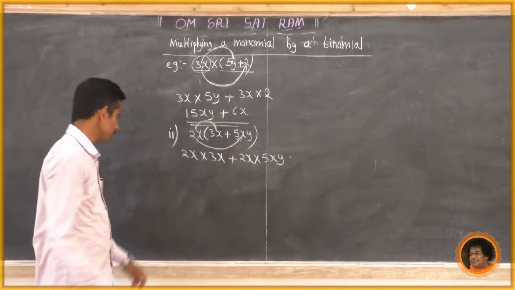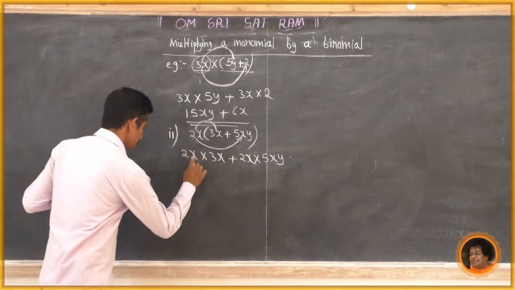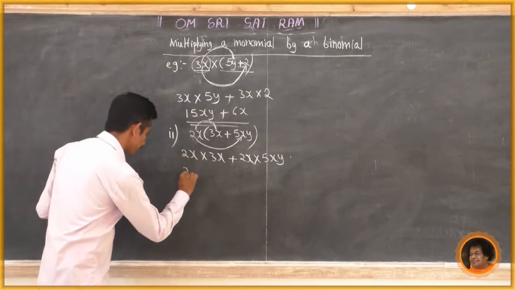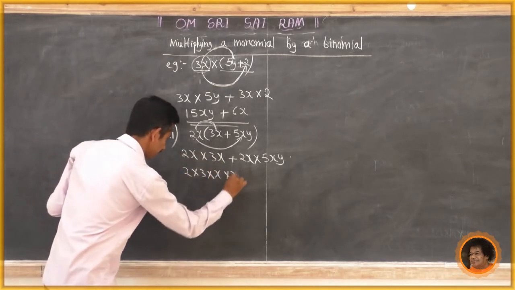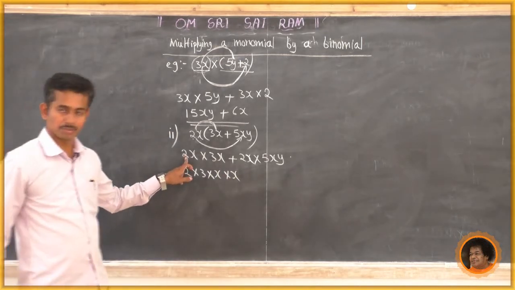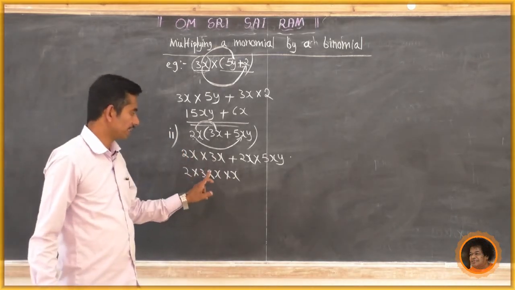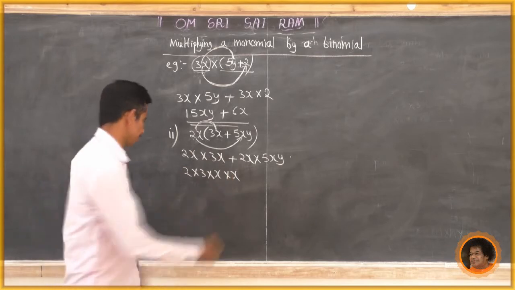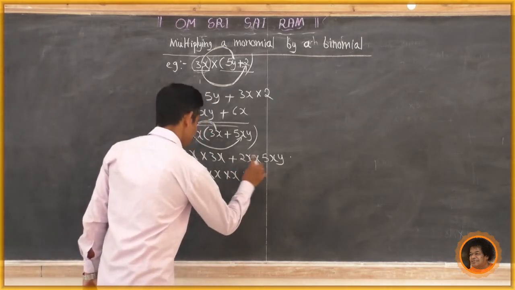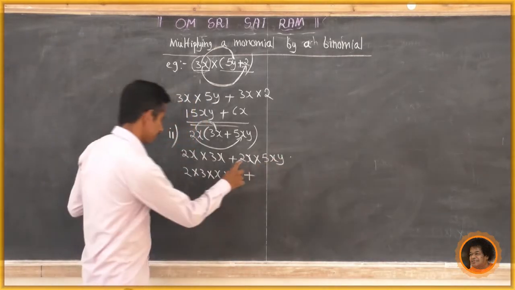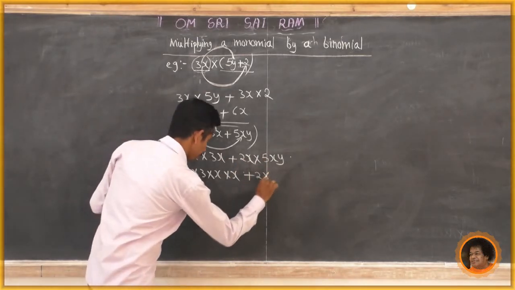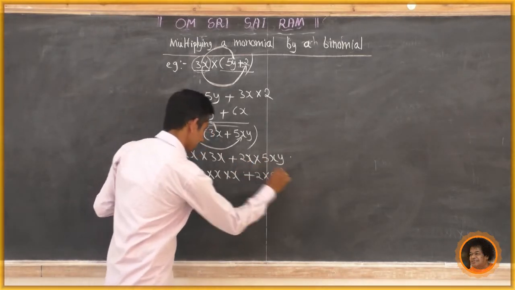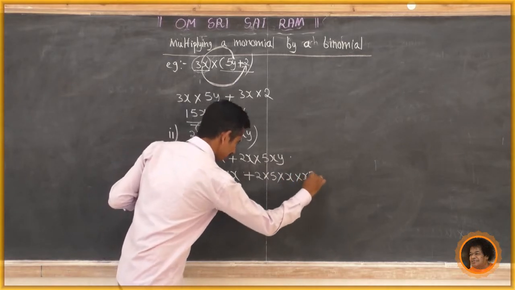Now, if we split, 2 into 3, then x into x. We can write like this. First multiply the numbers, 2 into 3 into x into x, plus then 2x into 5xy. In this, 2 and 5 are the numbers. So 2 into 5 into x into y.